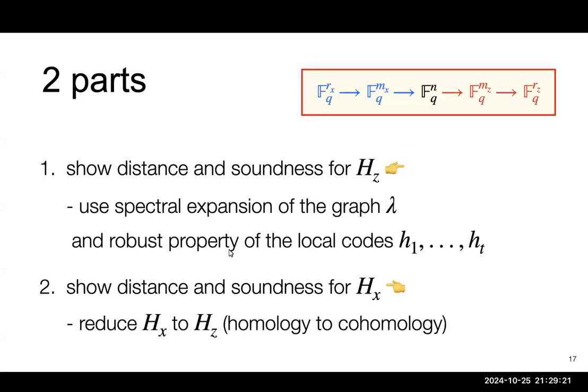We need both of these properties to show this parity check matrix has large distance and soundness. This uses a random walk argument, and in some sense it's similar to the earlier expander codes, the earliest Tanner code proofs, which use these random walks.